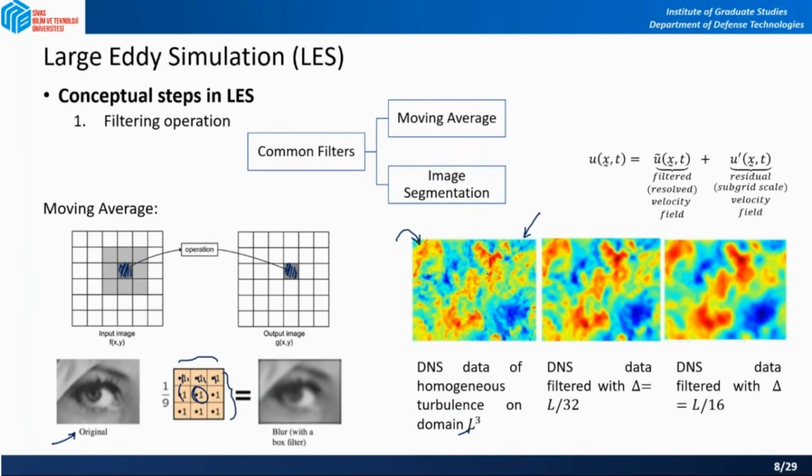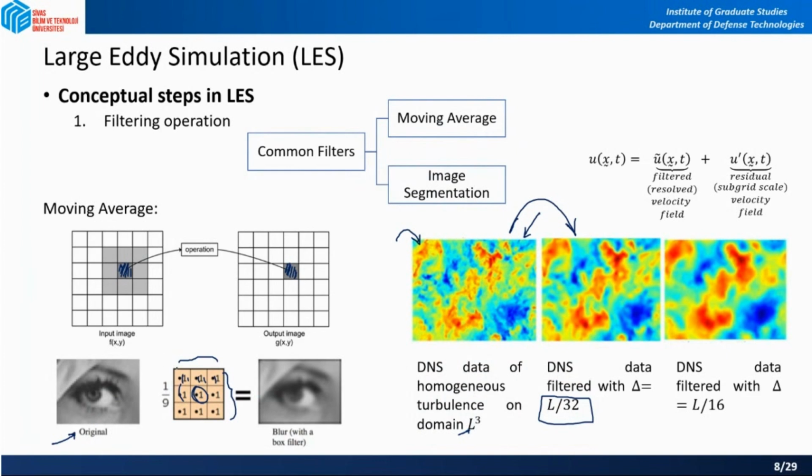When you do a box filter or a moving average filter on this, you will get, for example, this one. This one is obtained with a filter size of L over 32.